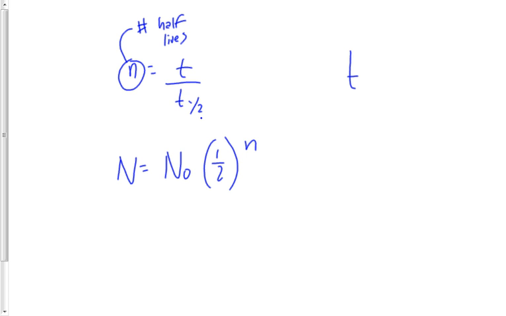Where have you seen that equation in math class? In what context? Where have you seen that equation or something that's almost like that equation before in math class? Okay, so exponential growth or exponential decay? Okay.